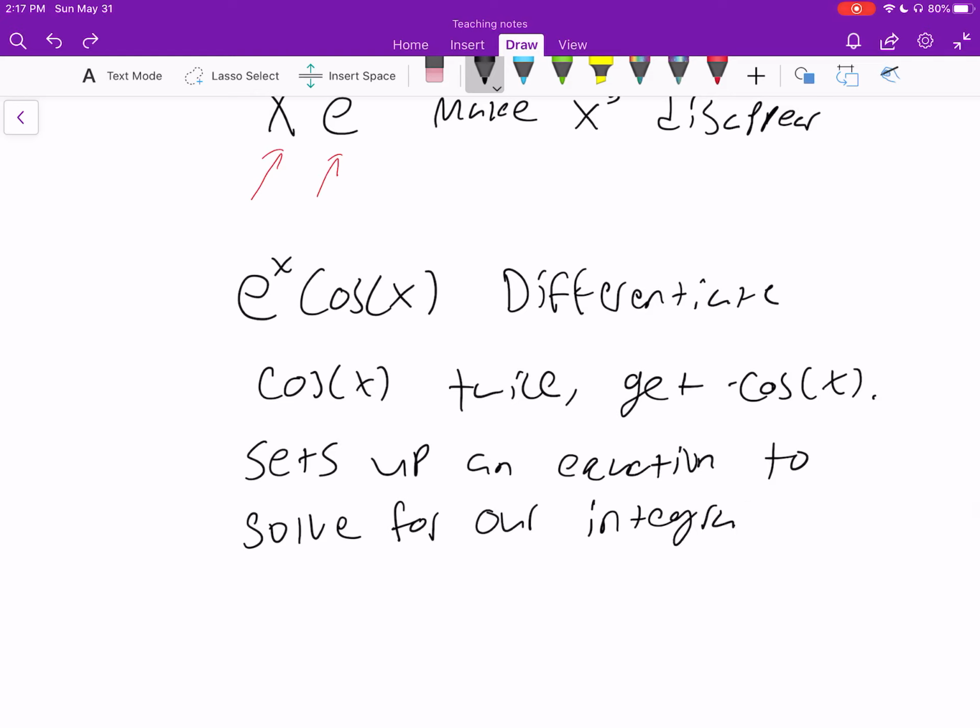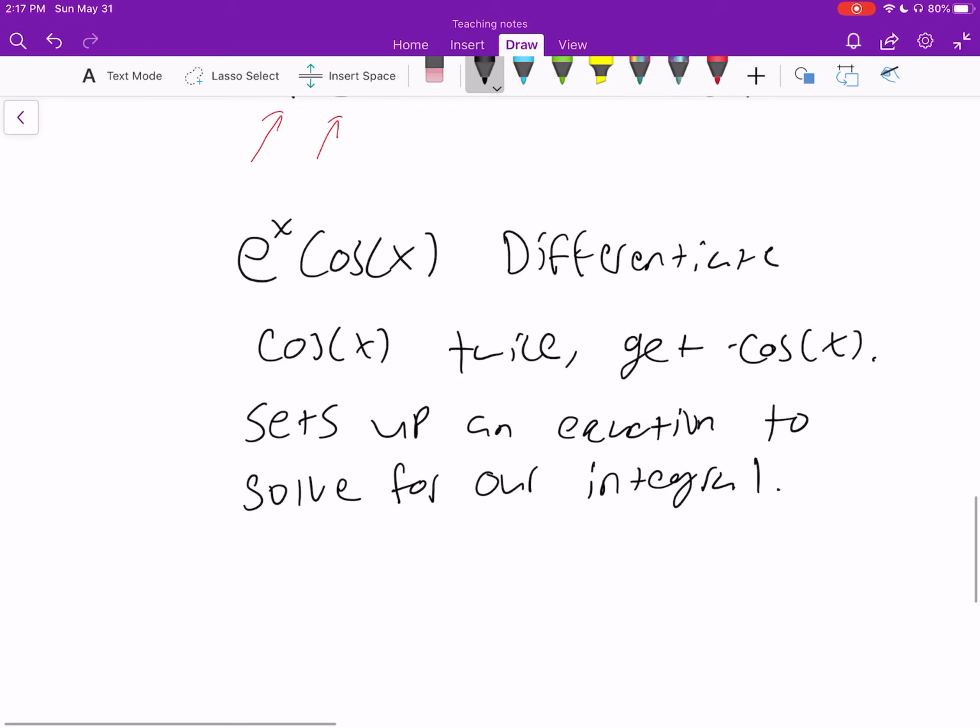And so, there are a couple examples, and that one is section 7.3. So when you're studying, you can go back and look at these. No, sorry, section 7.1. I did an example just like this, so you can go back and check it out. But the idea is I'm able to set up an equation with the integral on the left hand side and the integral on the right hand side, and then I can use that equation to solve for the integral.